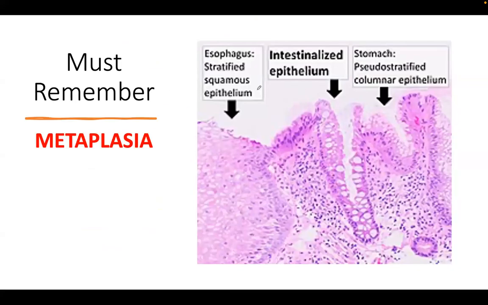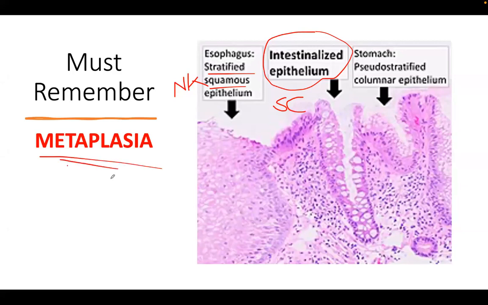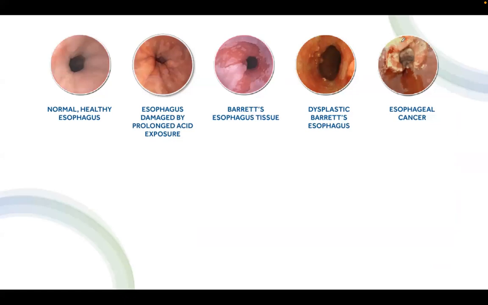Now, so this is something you must remember. Stratified squamous epithelium, non-keratinized. Now changes and it becomes intestinal epithelium. It now becomes simple columnar. This is indicative of metaplasia. Now, let me show you this.